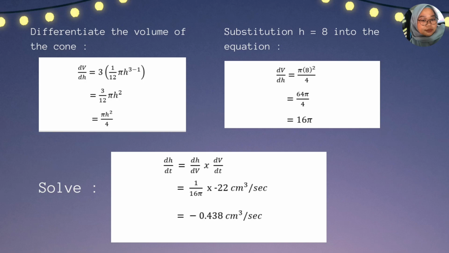Then, substitute the dV/dt given, which is negative 22 cm³ per second, and multiply the dH/dV and dV/dt together. And the final answer is dH/dt equals negative 0.438 cm per second, which is the rate at which the water level falls when it is halfway down the cone.